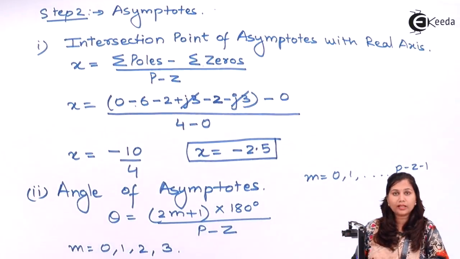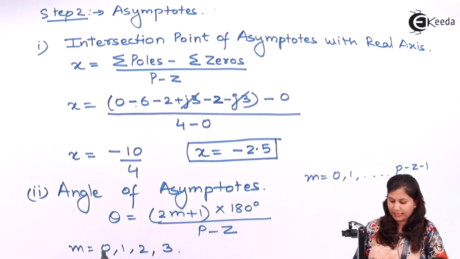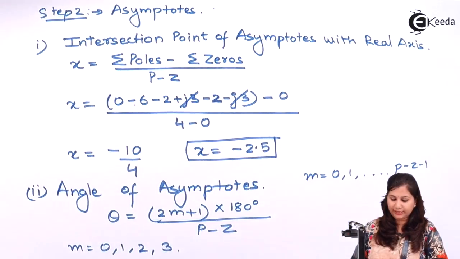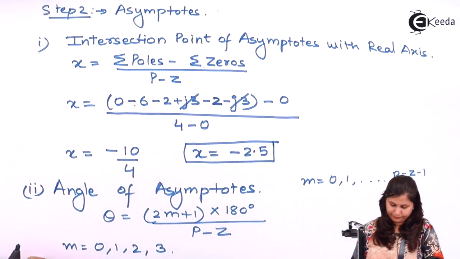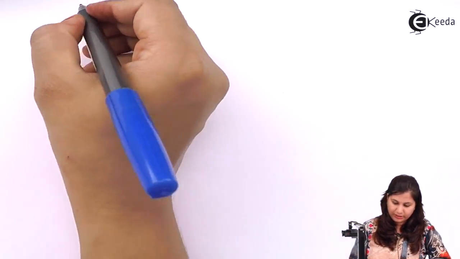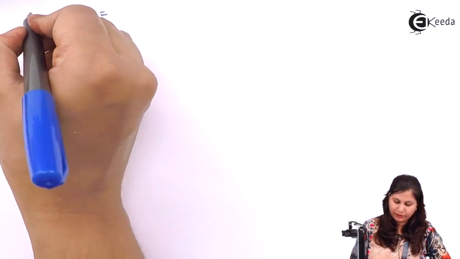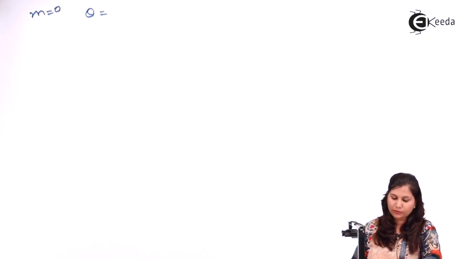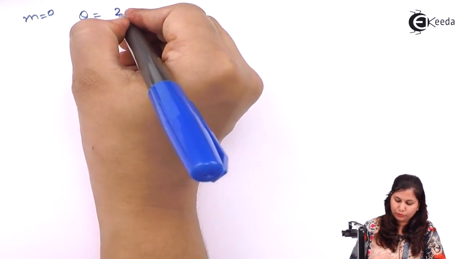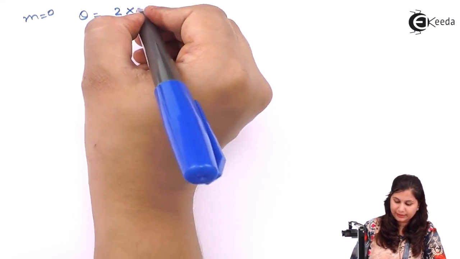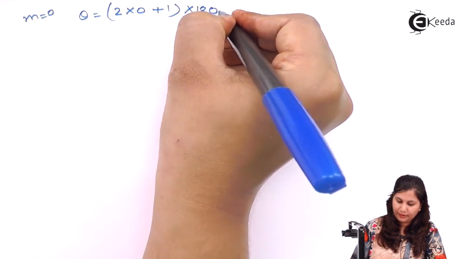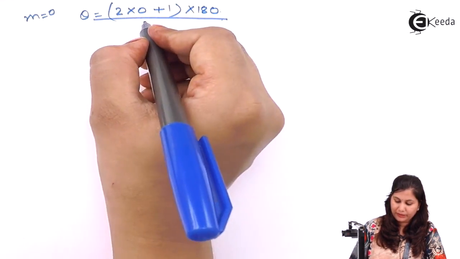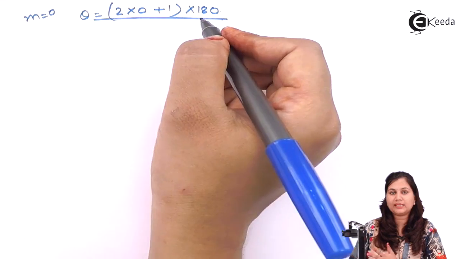Now putting the values of m here, we will find the value of theta. First, putting m equals 0, we have (2 times 0 + 1) times 180 upon P minus Z, where P is 4.